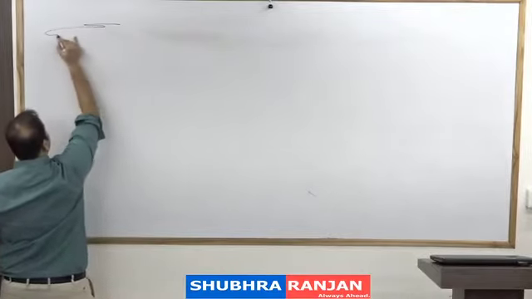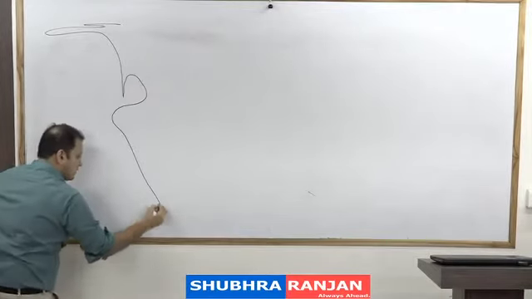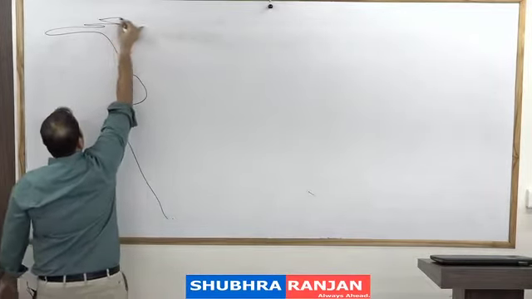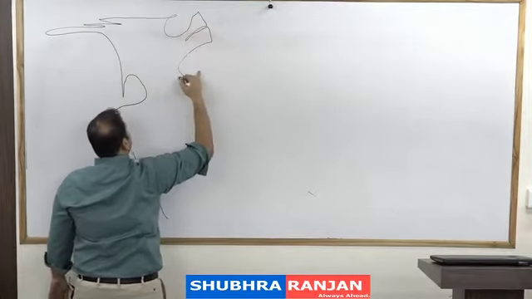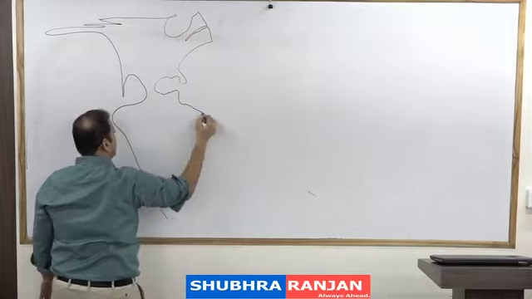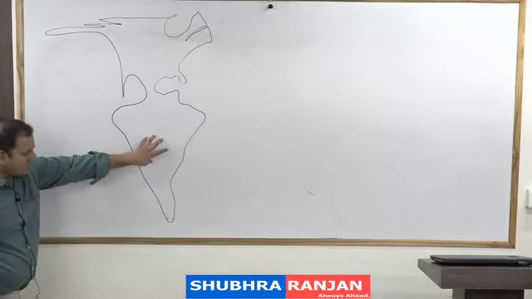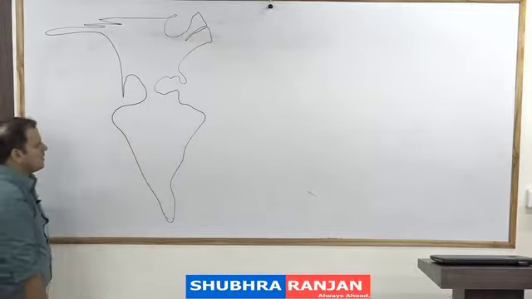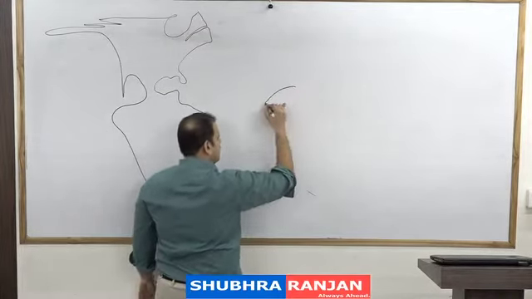First of all, there is North America. After that we have South America. North America consists of Canada and USA, and South America consists of Brazil, Argentina. These are the major countries. Then after that, the other continent is Africa.